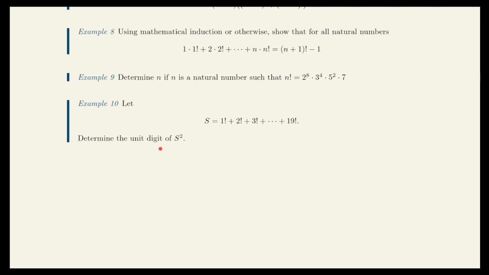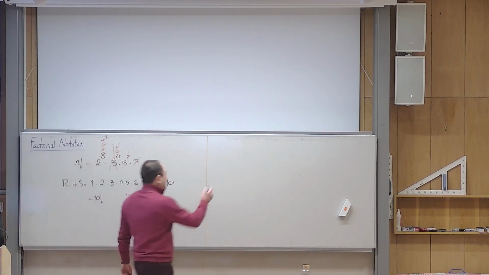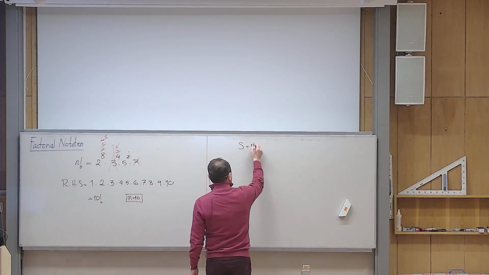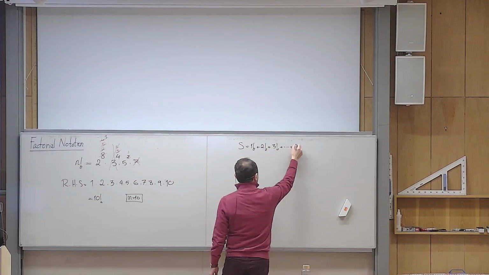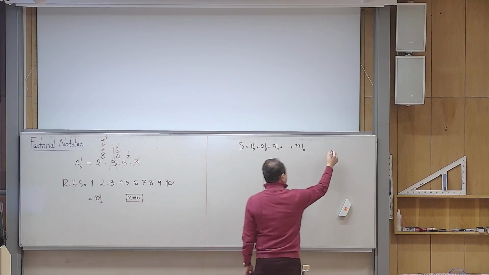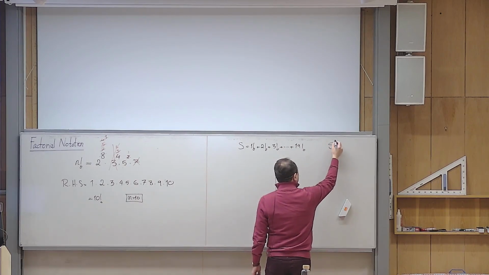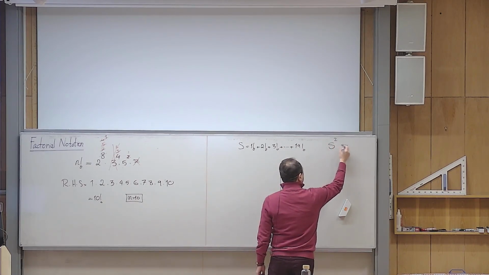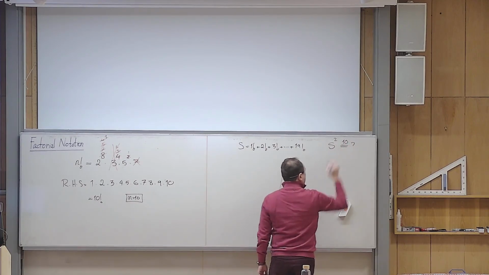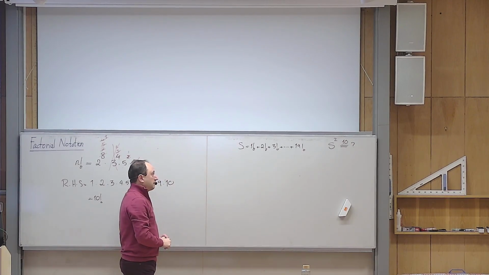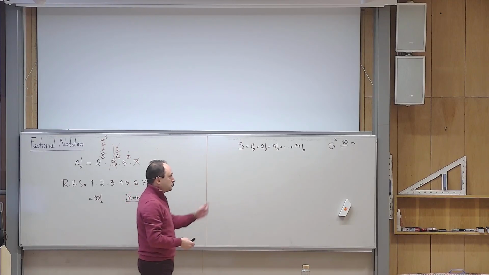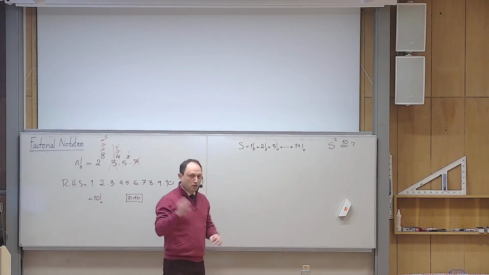Yes? So this means that I need to ask myself this question. So S is actually 1 factorial plus 2 factorial plus 3 factorial and then up to 19 factorial. I need to ask myself, what is S squared modulo 10? Of course, there are infinitely many answers, but I need the numbers from 0 up to 9, yes?